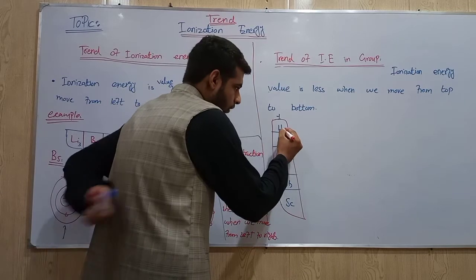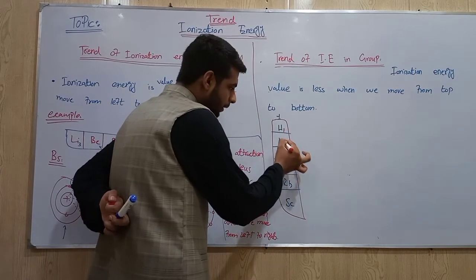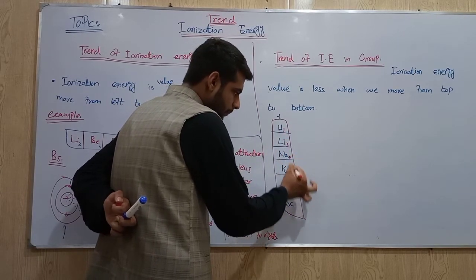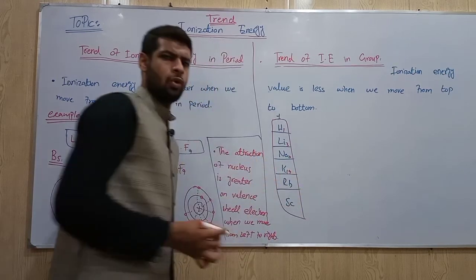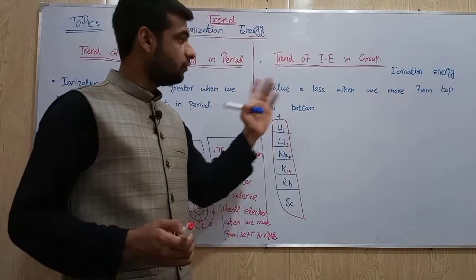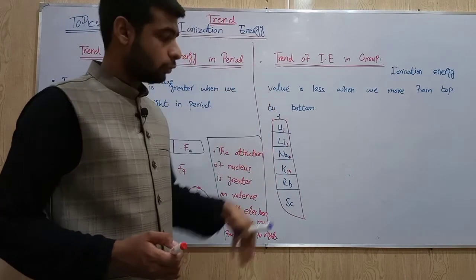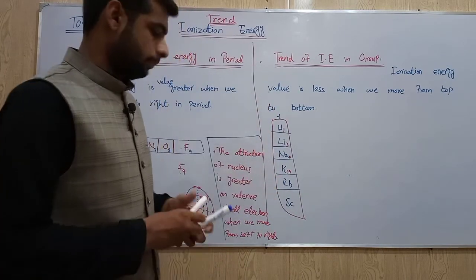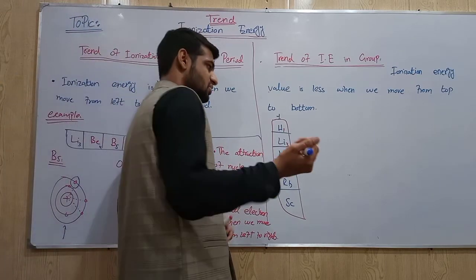Hydrogen has atomic number 1, lithium has 3, sodium 11, 19, and so on. Now we will discuss the reason why the value is less when we move from top to bottom. Now we will discuss this reason.